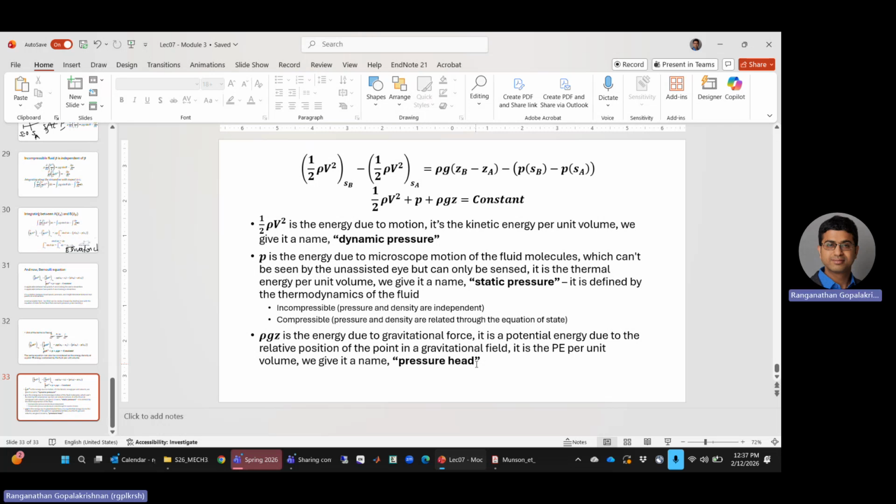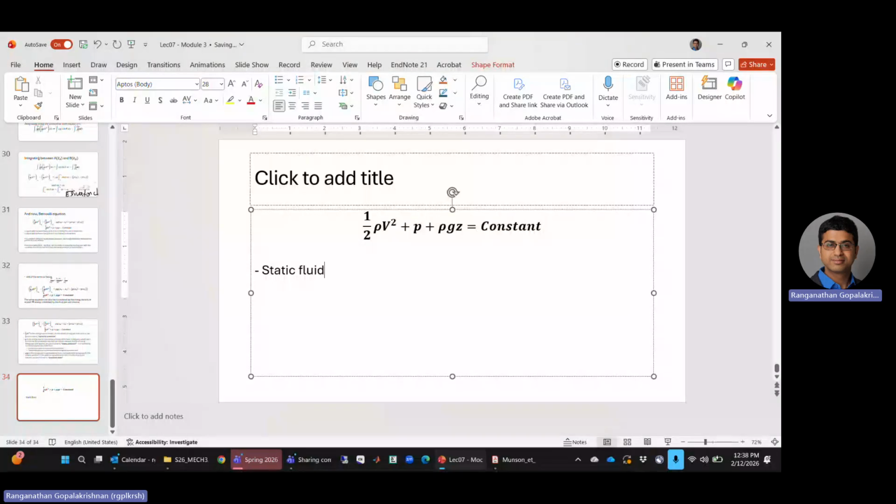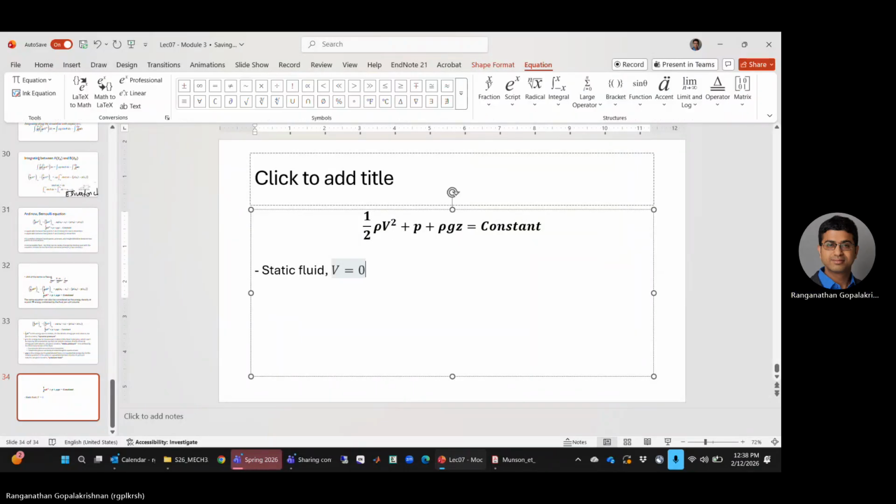You studied fluid statics through all of last chapter, right? Can we recover the key result from that chapter from this equation? What is the first thing we should do? There is no motion, meaning V is 0. First term is 0, which gets you to P plus rho g z is equal to constant.